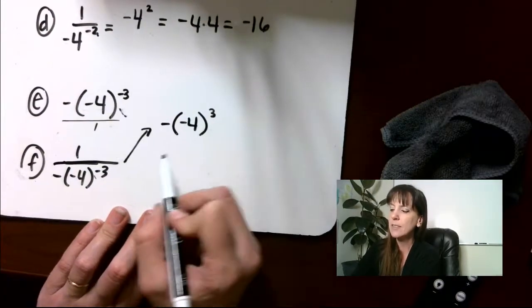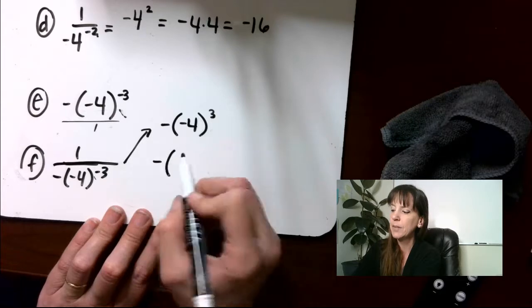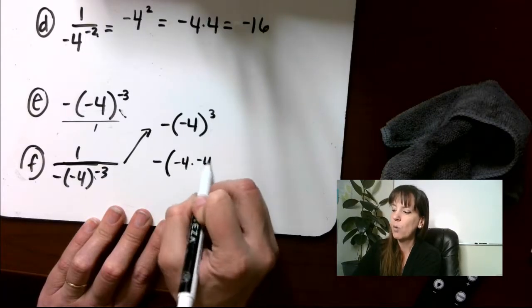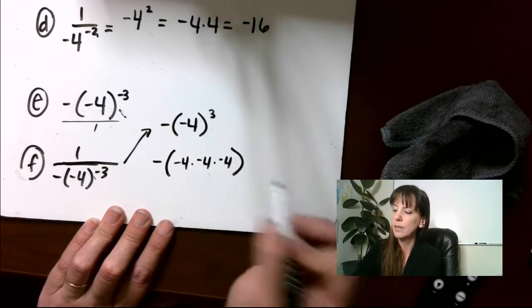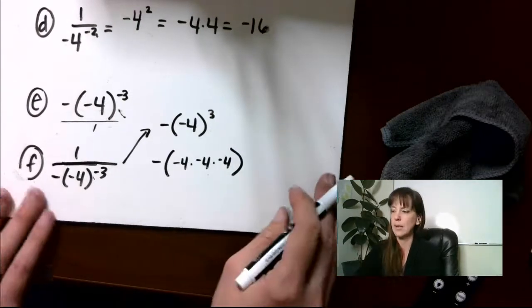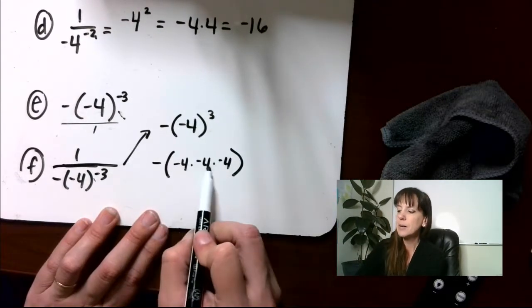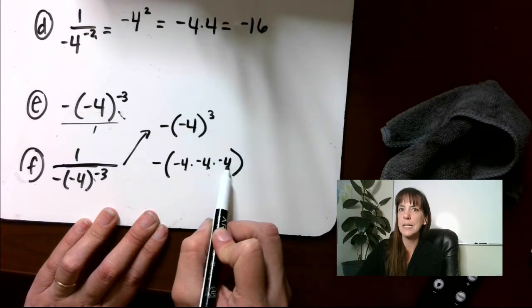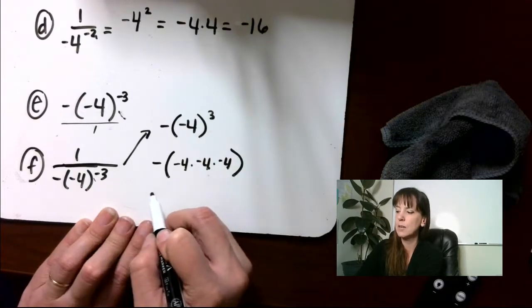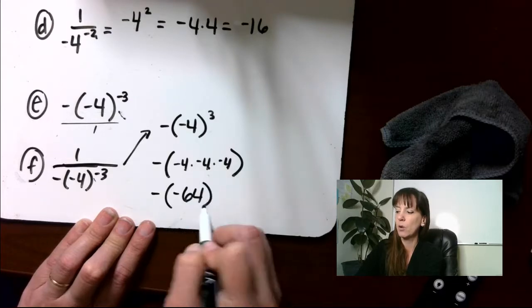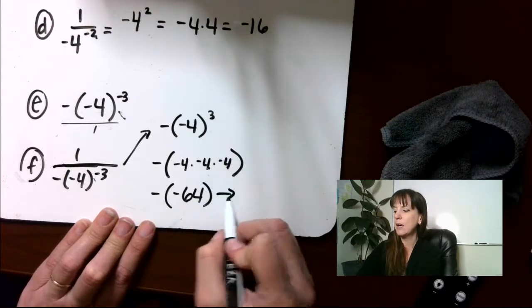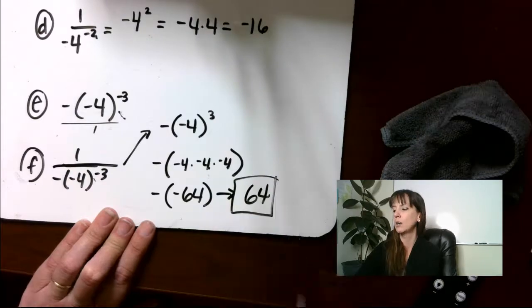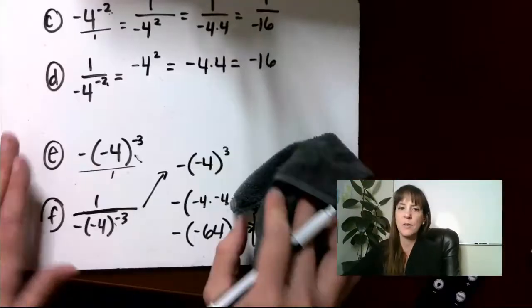And again, the way that this is broken out is -4 times -4 times -4, right? I used brackets in the last one, but I think this will be fine. Negative times a negative is a positive. That's 16 times 4 is going to be 64, -64. So this is going to be -64. A negative is a positive, so that's 64. Your answer is 64.